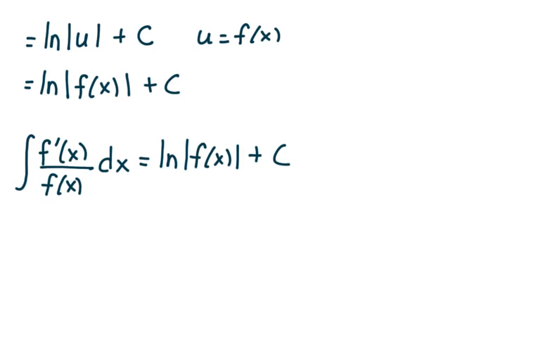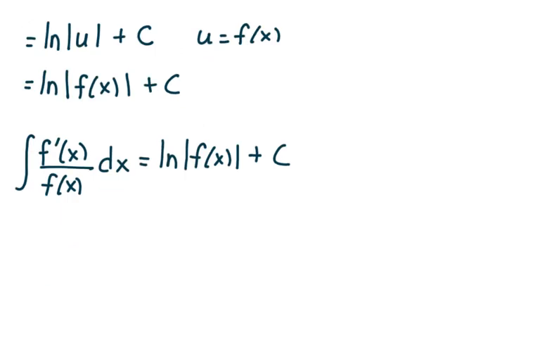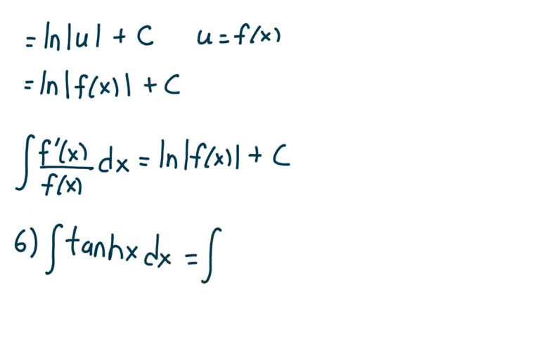Now, we're going to look at number 6. So why did I do that? Suppose I want the integral of hyperbolic tangent x dx. So this is the integral of hyperbolic sine of x divided by hyperbolic cosine of x dx.